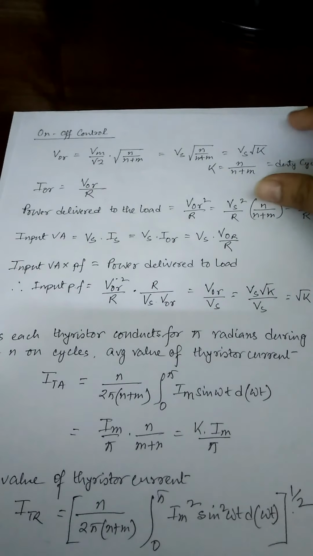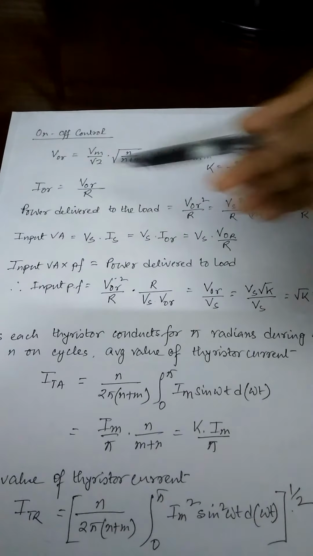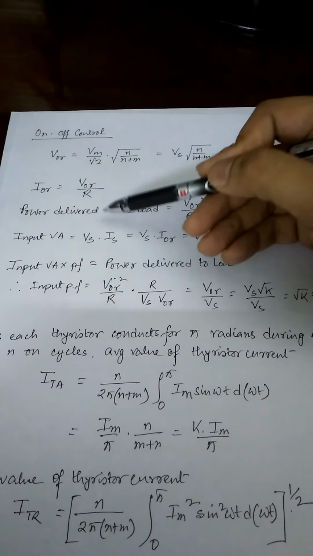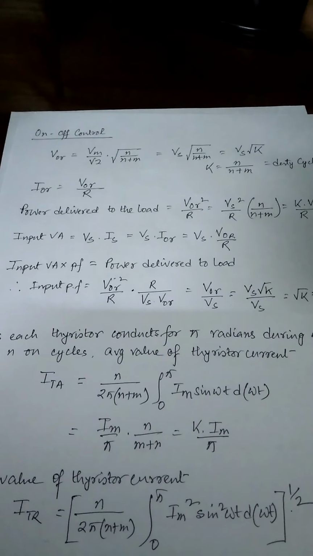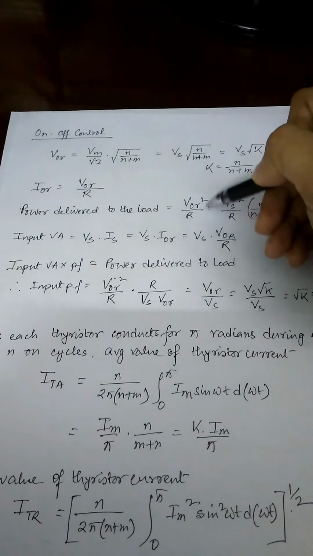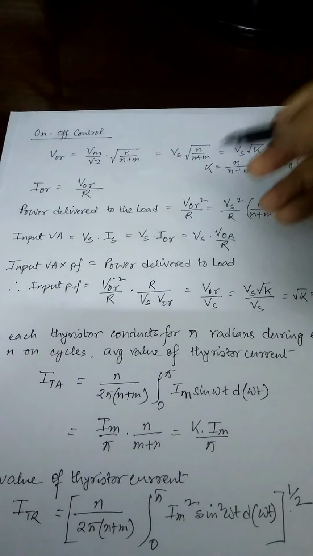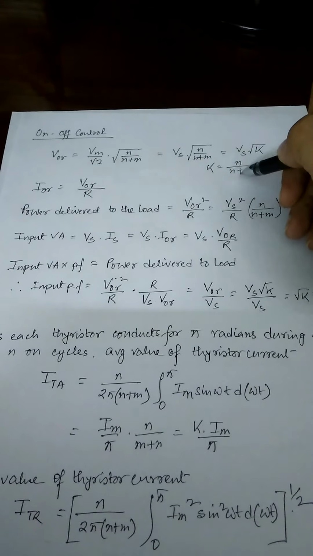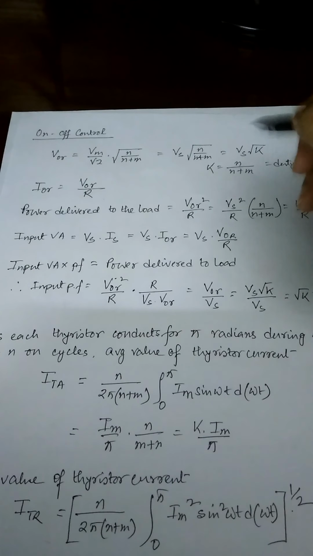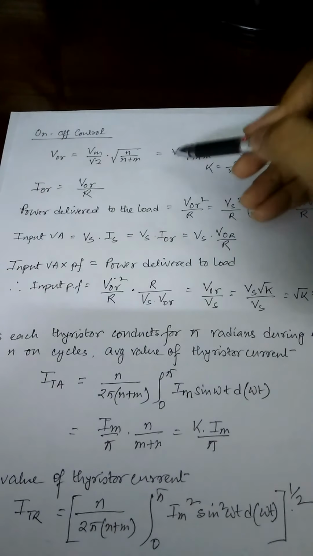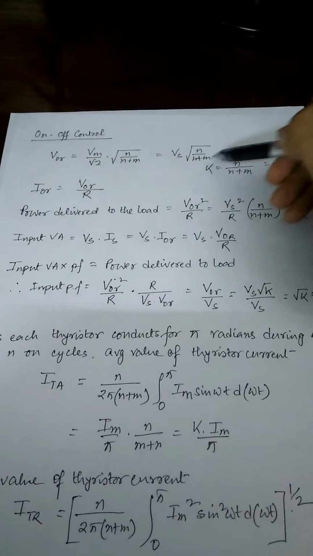Now today we are going to assess the calculations of the power and power factor. Now what is the power delivered to the load? We know that the power delivered formula is V square divided by R. So V square means the Vrms value whole square divided by R. So what is the Vrms value? Already we found in the earlier class, Vrms equals Vs into root k, that means Vs into root over n by n plus m.